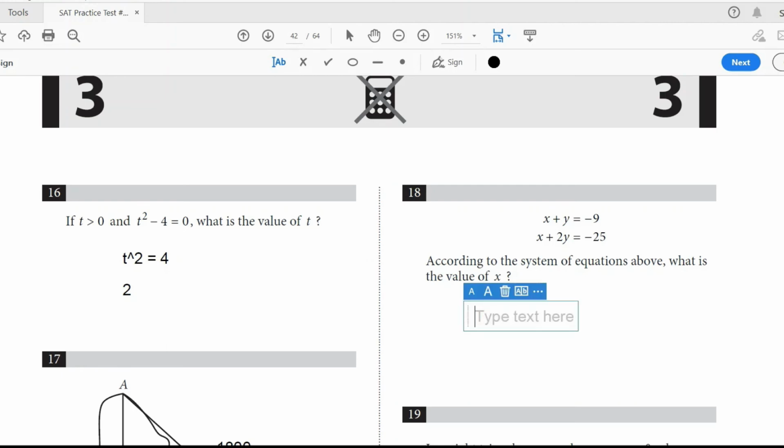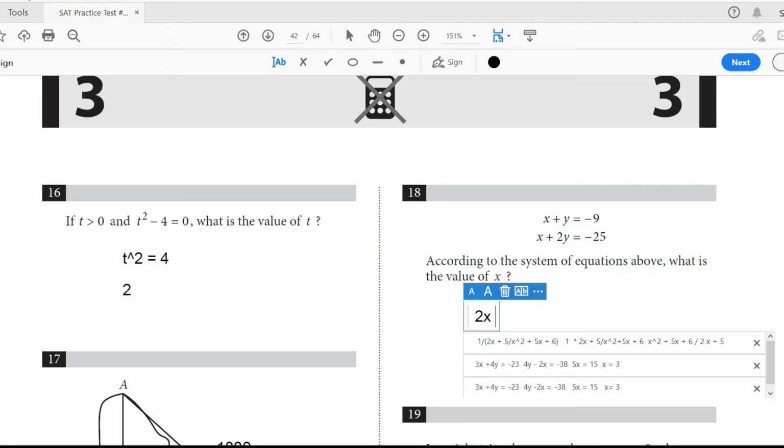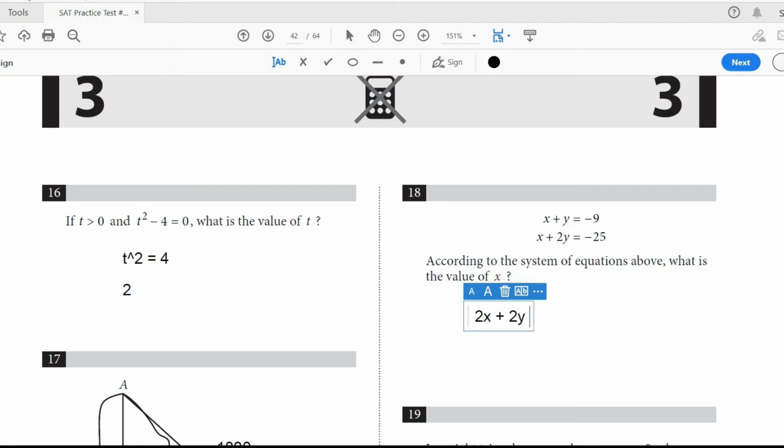We have the system of equations again, and this seems pretty simple to do elimination on. We just subtract here, we can solve it quite fast. Since we're finding x, let's just multiply the whole equation by 2, to make it quite simple for us.